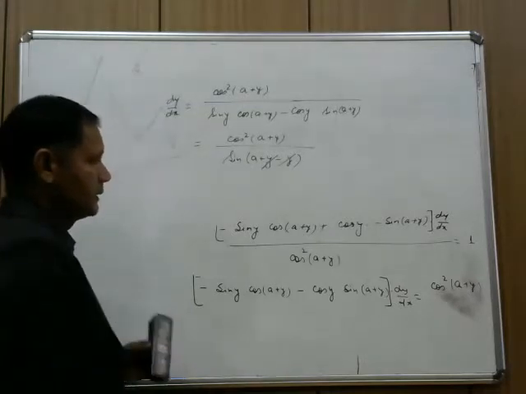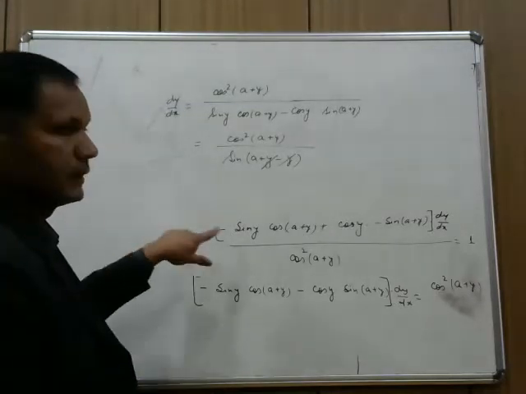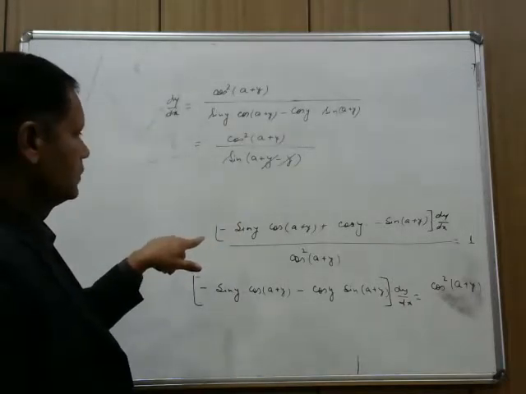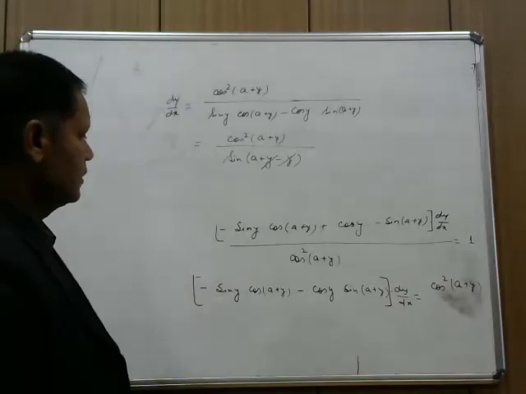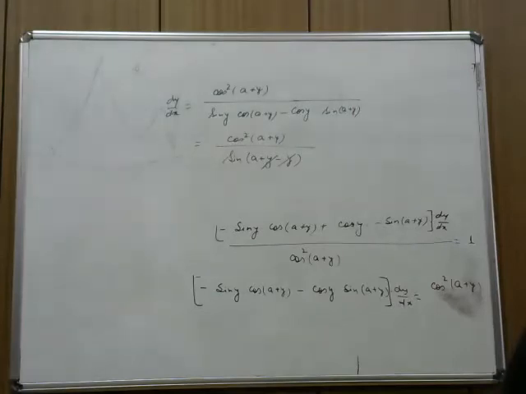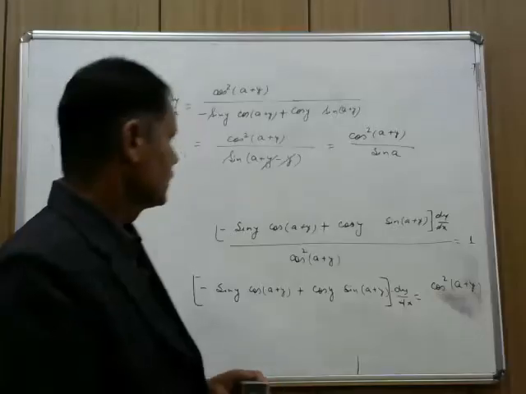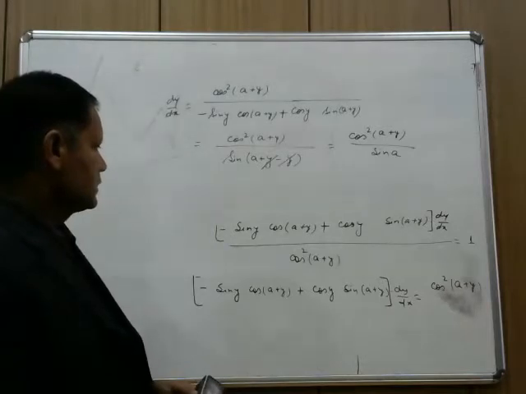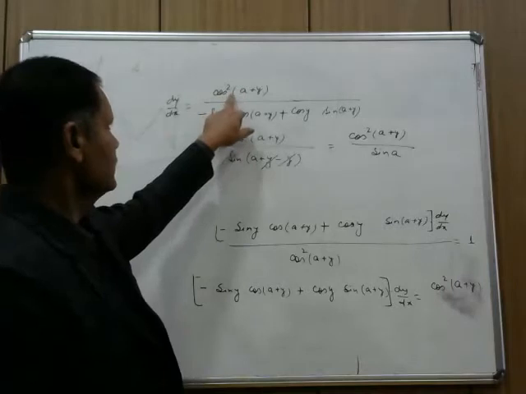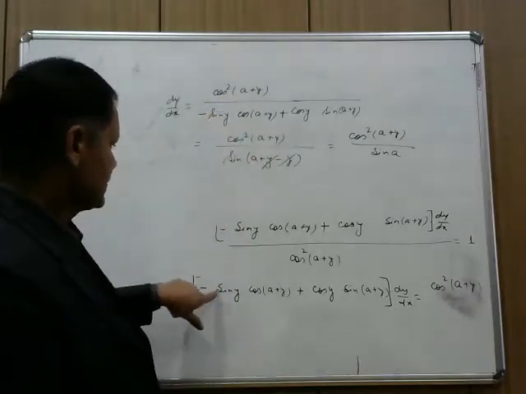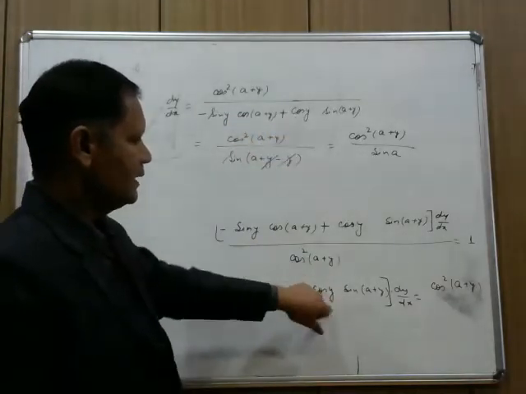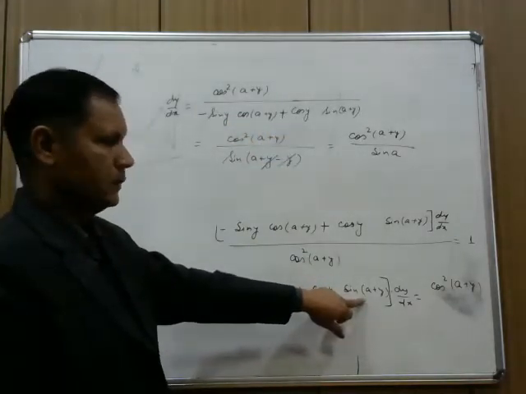Differentiation of cos y was minus sin y. So now dy by dx is equal to cos square (a plus y) divided by minus sin y into cos (a plus y) plus cos y into sin (a plus y), right?